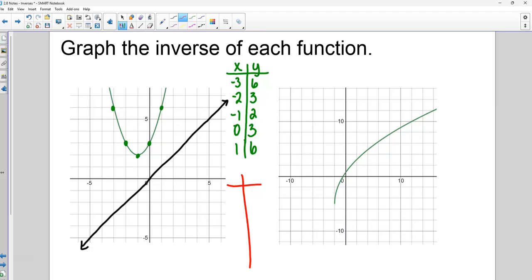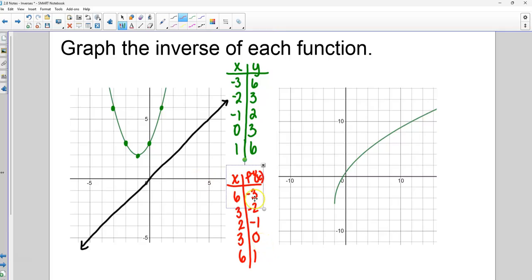Okay? So if I switch the x and y's, now I've got 6, negative 3. So this is if I've got x and f inverse of x, I guess we want to call it that. 6, negative 3, 3, negative 2, 2, negative 1, 3, 0, 6, 1. So switching our x and y.